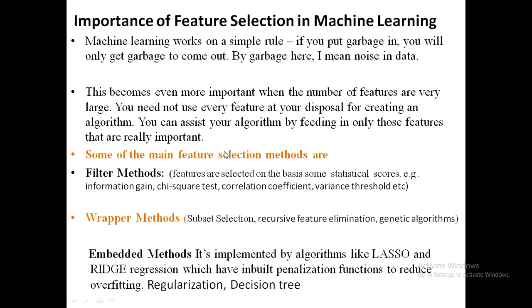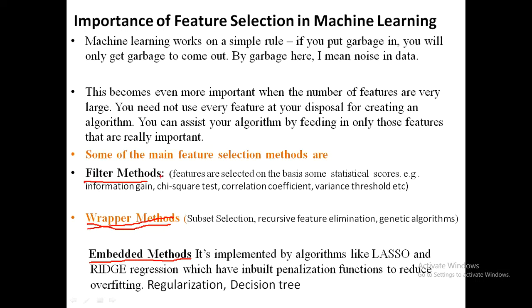So there are many feature selection methods. The most common are the filter method, wrapper method, and embedded method. The wrapper method we are going to discuss in detail in the subsequent slide.